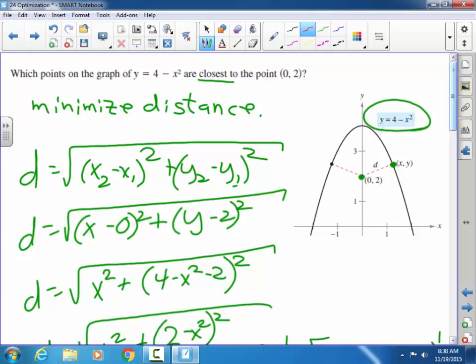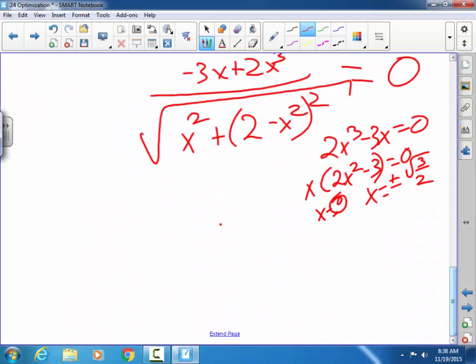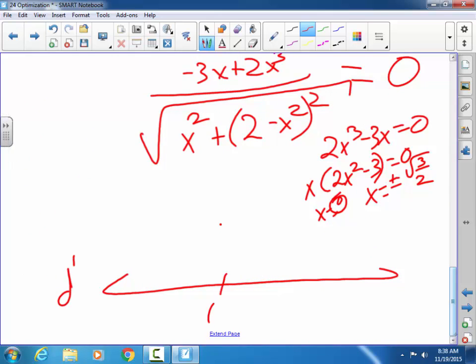So we could find out that it's 0, 4, and whatever those other numbers are, plug them in here and find the distances. Or we could come down here and just simply do a center line of the distance. We've got 0, the square root of 3/2, and the negative square root of 3/2.